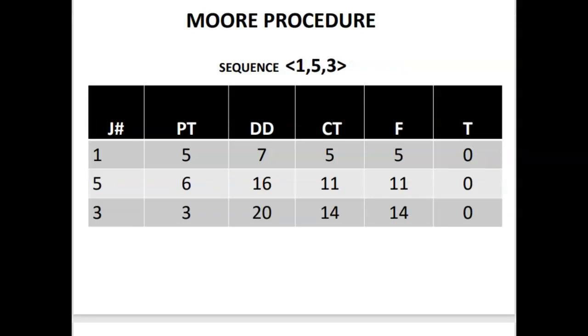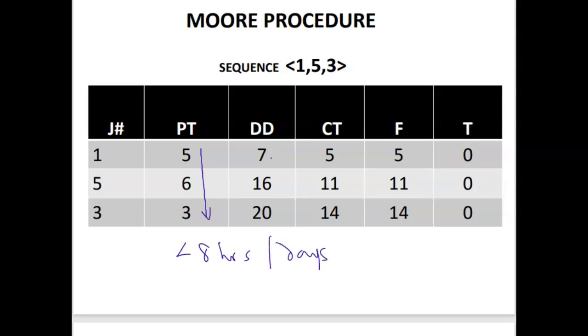Don't forget how we arrive at all this. If you look at whether there is a delayed job, look at the due date for job 1, 7. We completed it on the 5th day. No delay. You can see that we didn't delay these 3 jobs, because if you look at the processing time, they are less than 8 hours or 8 days.